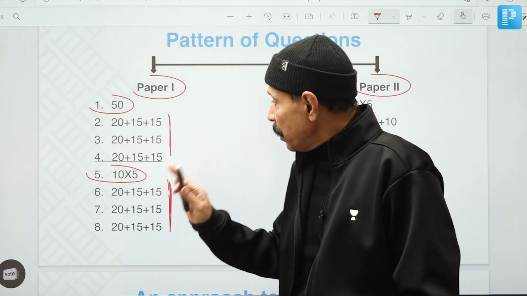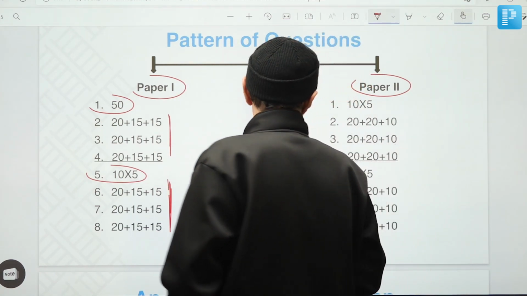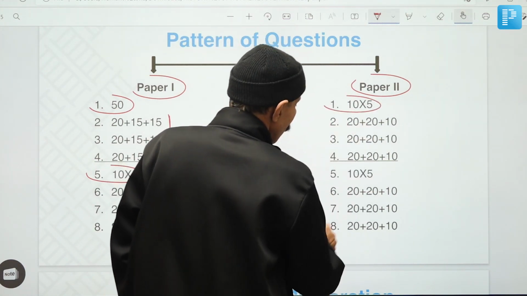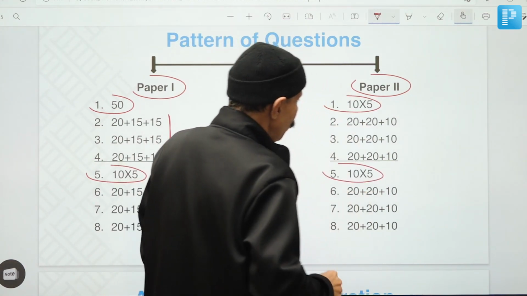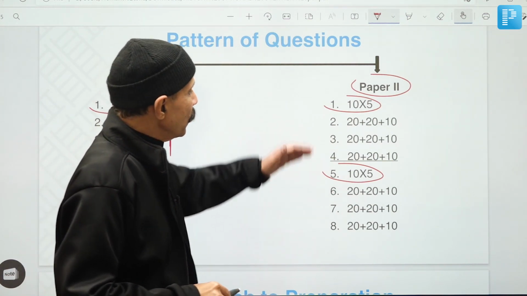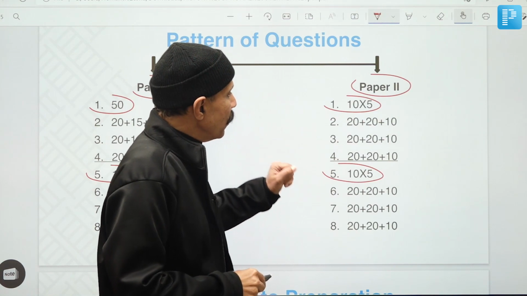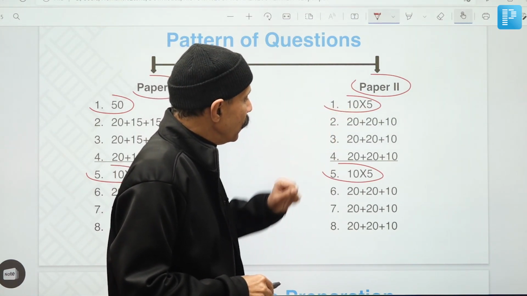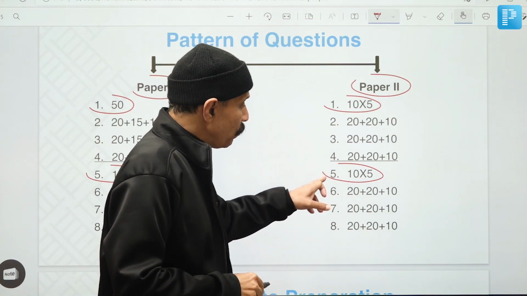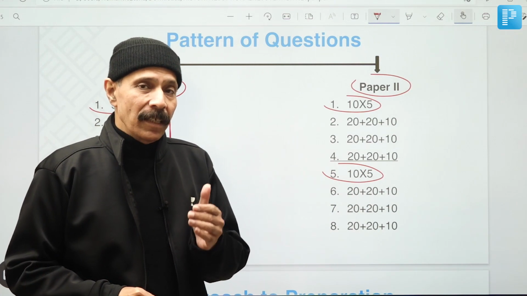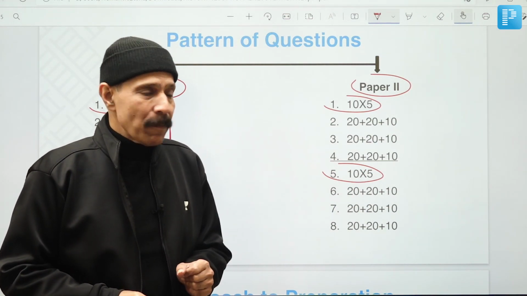And similarly, in paper 2, the first question and the fifth question are compulsory. Each carries 50 marks, but there are 5 questions here. This means 1 A, B, C, D, E. And here also the same pattern, 5 A, B, C, D, E, and each carries 10 marks.